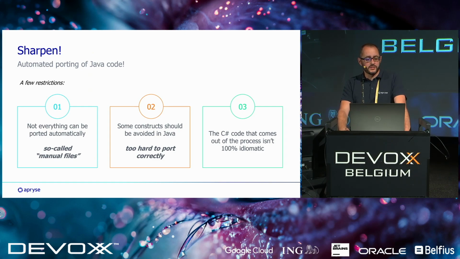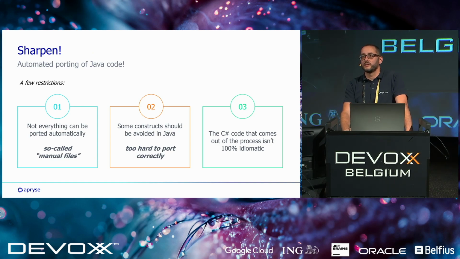There are a few restrictions when using Sharpen. As you may imagine, automated porting of Java code doesn't come free. We have a few restrictions, meaning that not everything can be ported automatically. So we have this thing called manual files, which is something that every iText developer hates to hear. It's basically a list of files that if you touch them in your commit, then you will have to make the conversion manually.